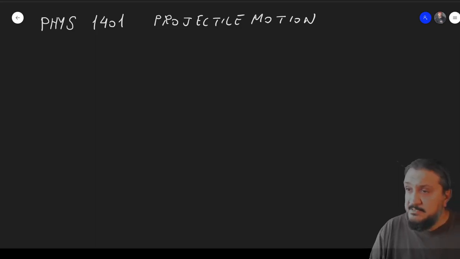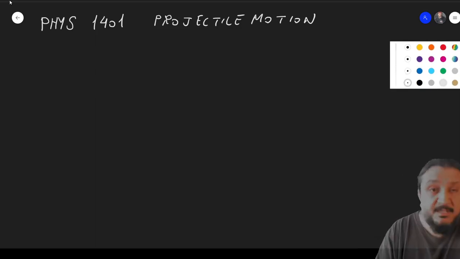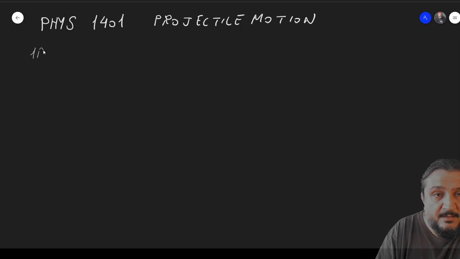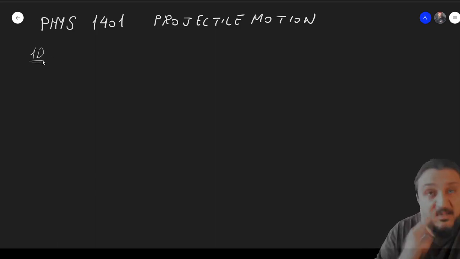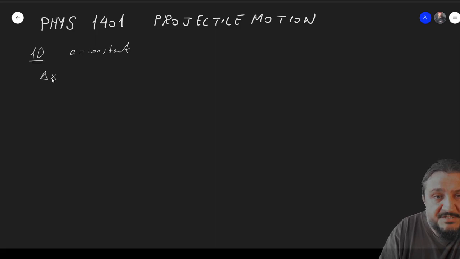Okay? So let's recall that in 1 dimension we have the following equations when acceleration is a constant. Well, we have 2 equations for displacement: v initial times time plus 1/2 a t squared.